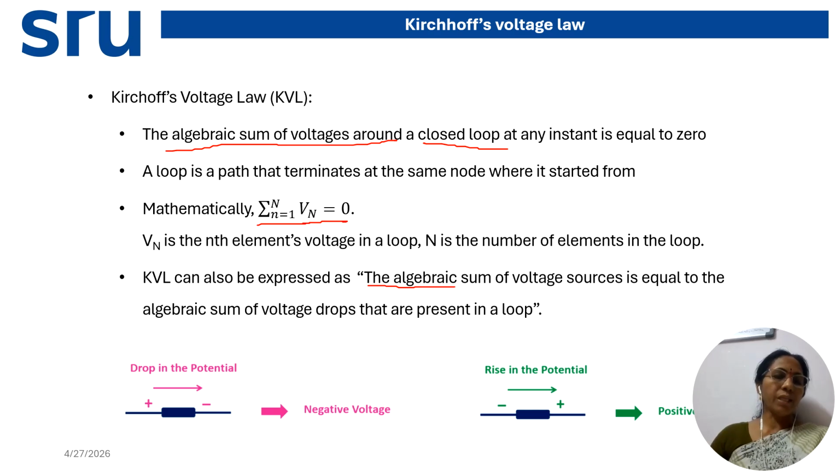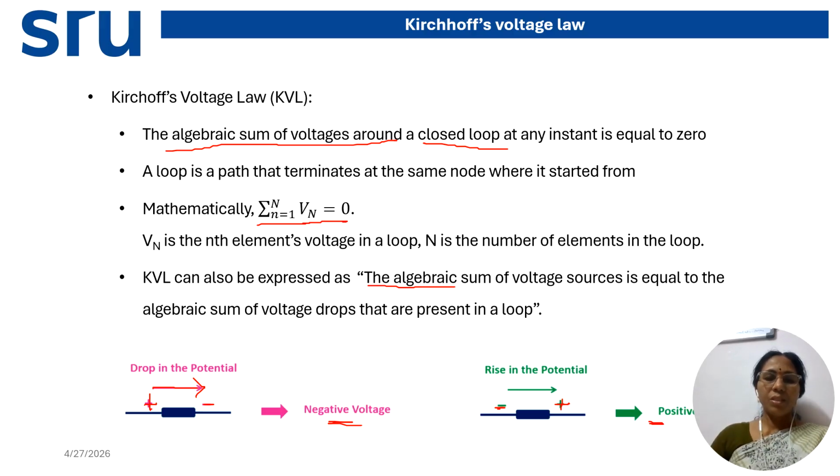If we are moving from positive polarity to negative polarity through any element, the drop in potential is taken as a negative voltage, and the rise in potential, from negative polarity to positive polarity, is taken as positive.